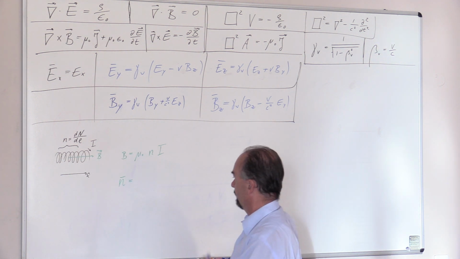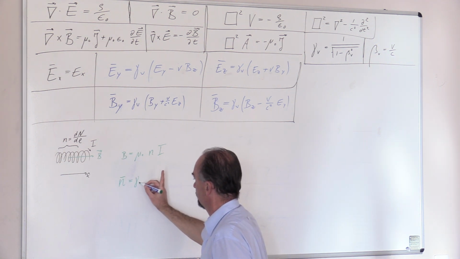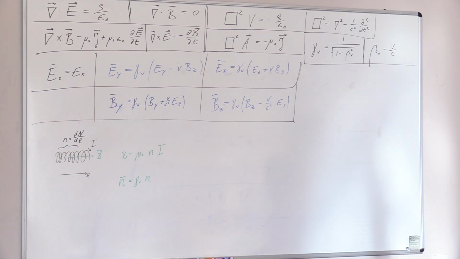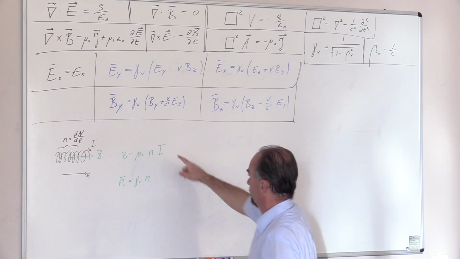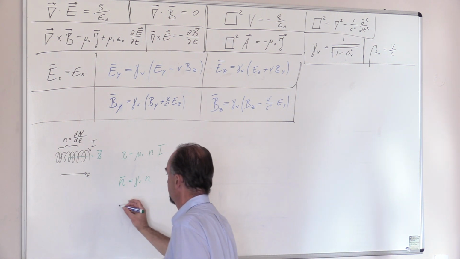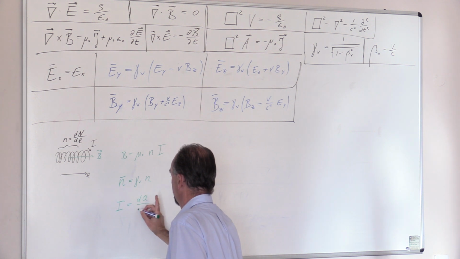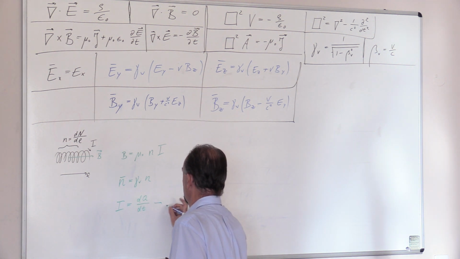So in a moving frame, n is certainly going to be the factor gamma larger. But what happens to I? I is the charge per time, right?